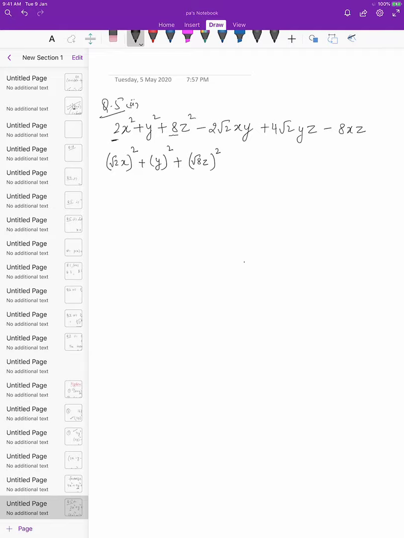Again, as I told you, don't bother about the negative signs in the beginning. First, keep on writing everything with a plus sign. Plus 2 into A into B, that is root 2x into y, plus 2 into B into C, plus 2 into C into A.